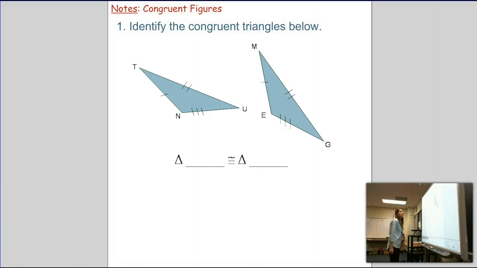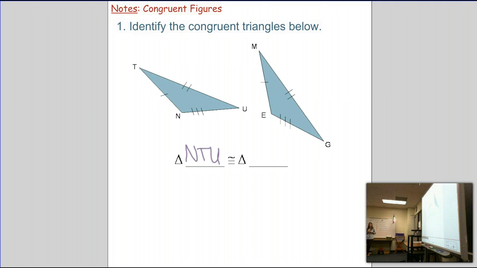Identify the congruent triangles below. I'll give you a hint. It doesn't spell nutmeg, although it could. Just because I don't really want to write nut on the board, someone go and finish that off. Drew, you're up. Triangle NTU is congruent to triangle something. Those tick marks are kind of hard to see from this far away.